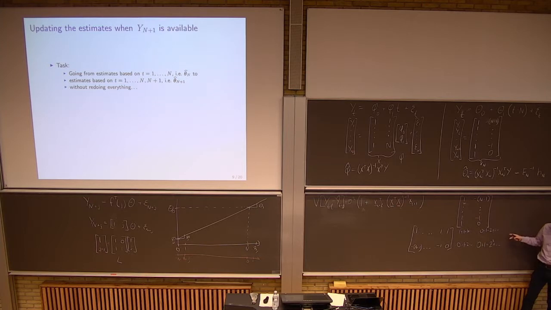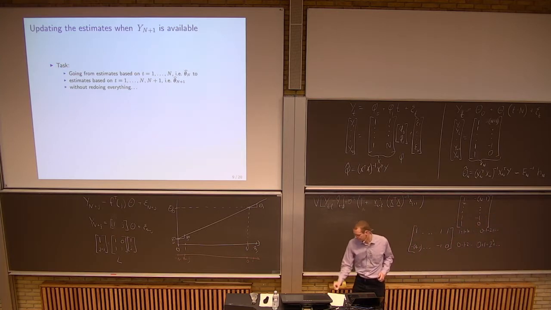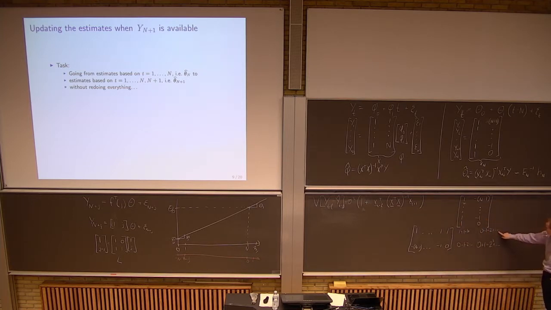So what is it that you add when you go one step forward and you look at this? The last element here is minus n minus 1. And down here, it's n minus 1 square. I won't write it all the other places. There's no space. So when I go one step further, what happens to Fn plus 1? What do I need to add?